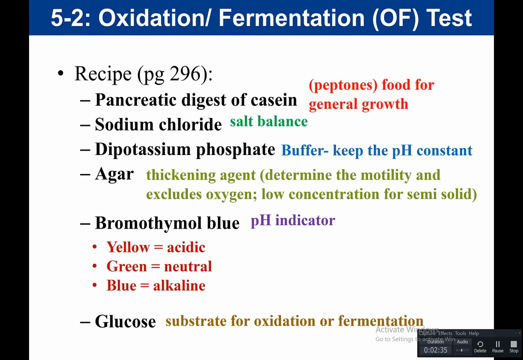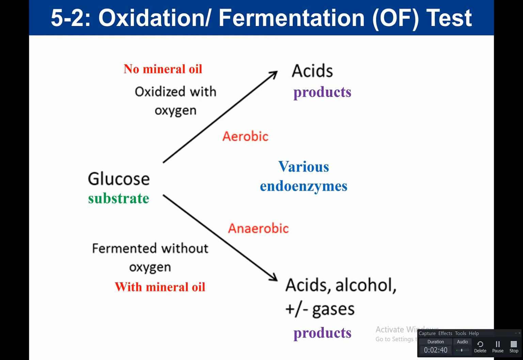or fermentation. So for this test, you want to know, again, your biochemical sheet. And so your substrate is going to be your glucose. Your enzymes are going to be various endoenzymes. So again, it's not just testing one enzyme. You want to know that the aerobic tube, the one that has no mineral oil, the one that's testing oxidation, meaning oxygen is present, that product is going to be acids.